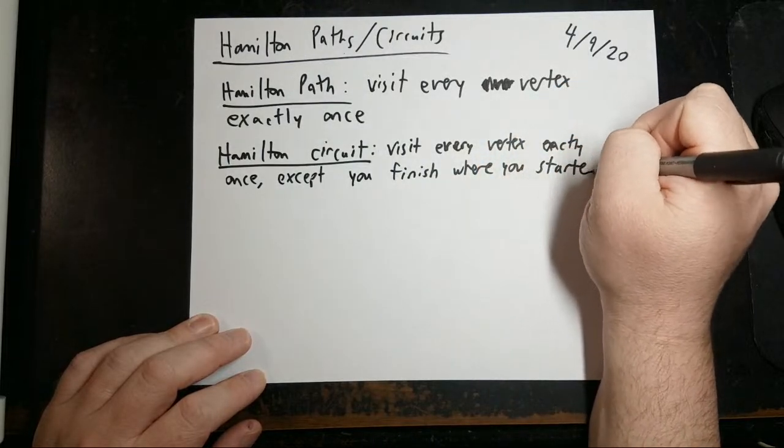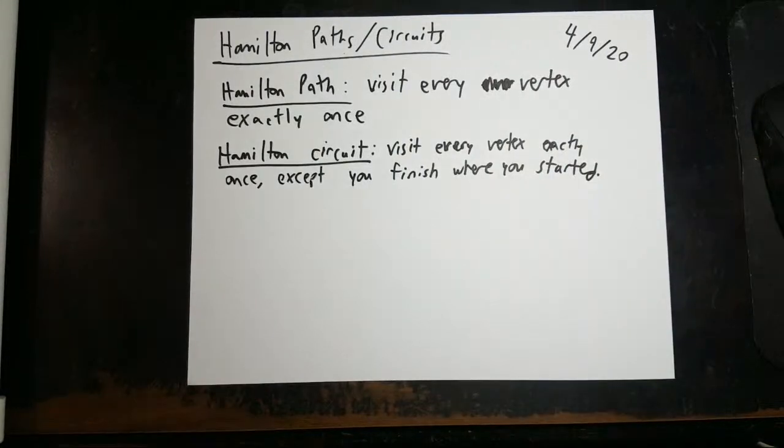So that would be the only exception. You would actually technically hit that vertex twice, the one that you started and stopped at. But you have to visit every vertex exactly once, except you finish where you started.